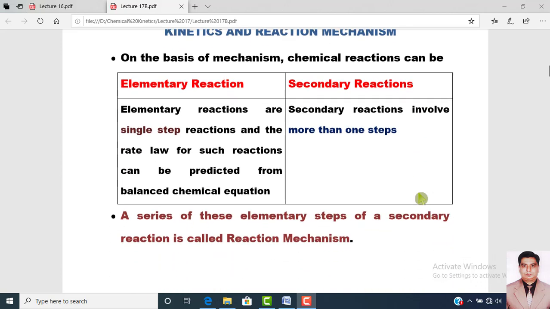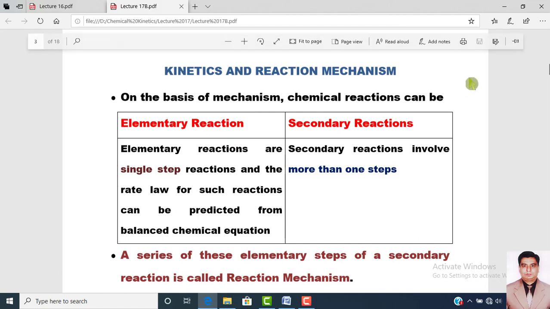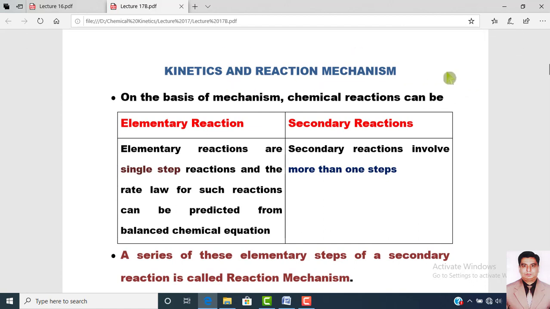Dear students, before going to the main reaction, that is the decomposition of dinitrogen pentoxide, first of all, try to understand what is meant by kinetics and reaction mechanism.